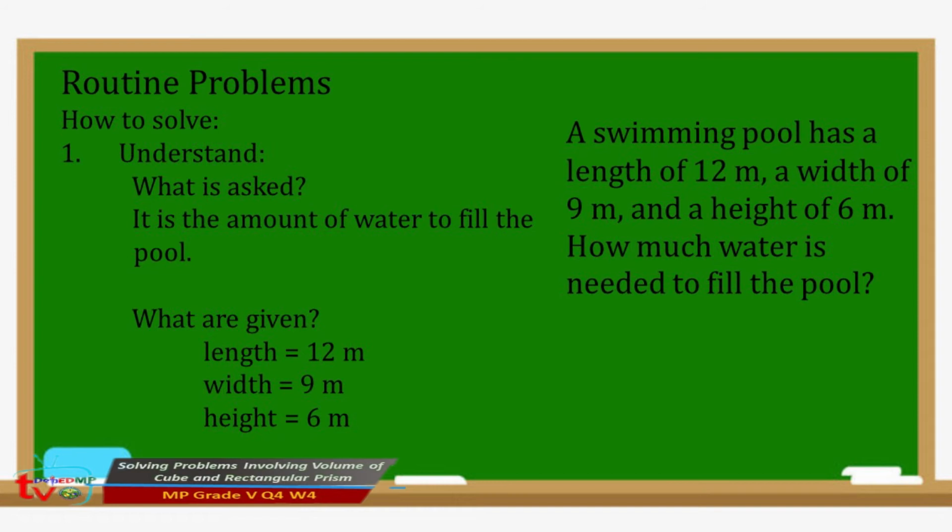Another thing you need to know is the given data. What are the given data in this problem? We have the length of the pool, which is 12 meters, the width of the pool, which is 9 meters, and the height of the pool, which is 6 meters.